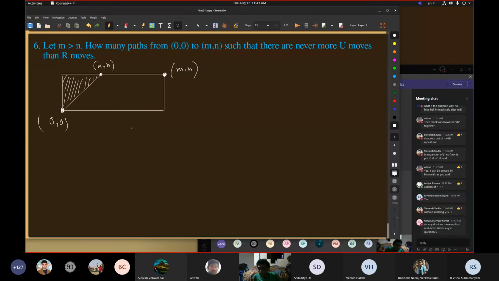The number of paths in that is simply the 2n choose n minus the 2n choose n divided by n plus 1. M does not come into the picture. Like the number of paths that are not to be avoided is the same as the one we found in Catalan. So it will be m plus n choose m minus 2n choose n by n plus 1 into n.